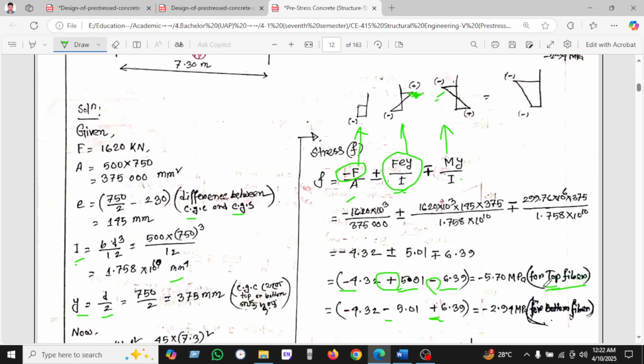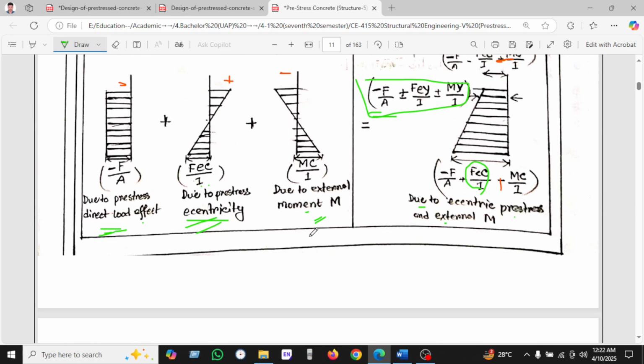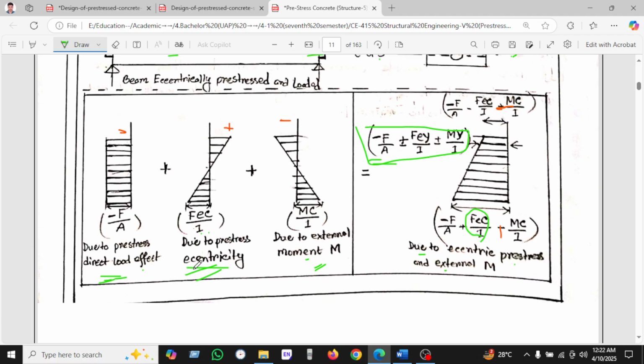In this way we calculate the top fiber. Due to prestress, as we have already seen, the eccentricity term will be positive, the moment term will be negative, and the force is always negative.